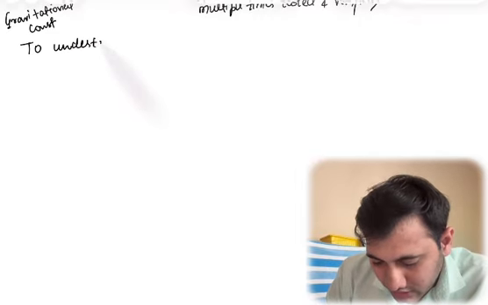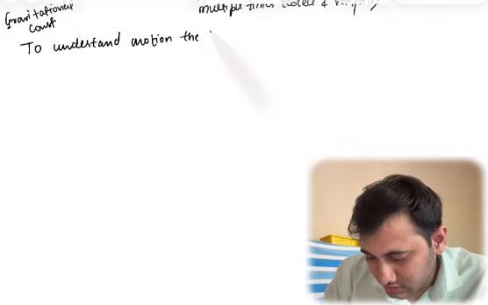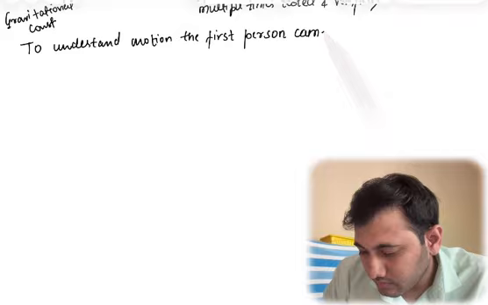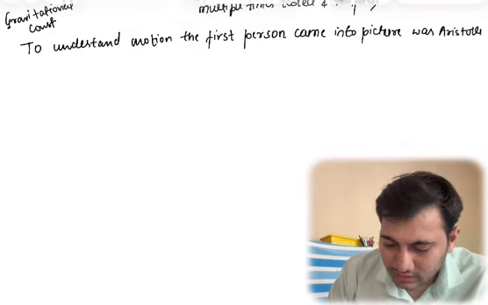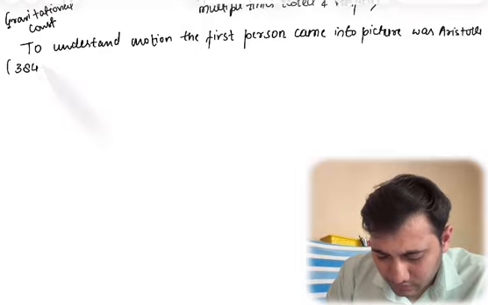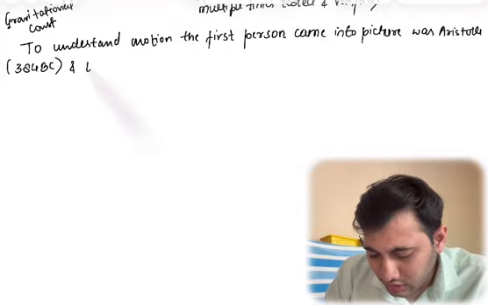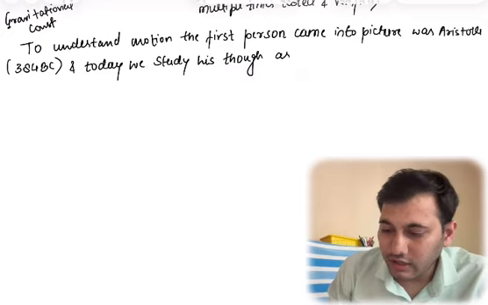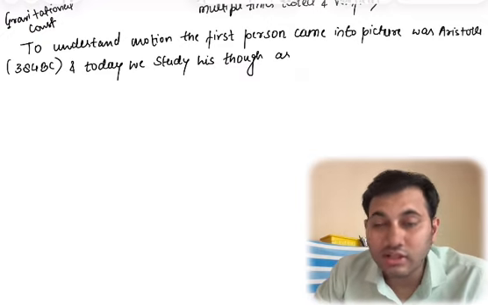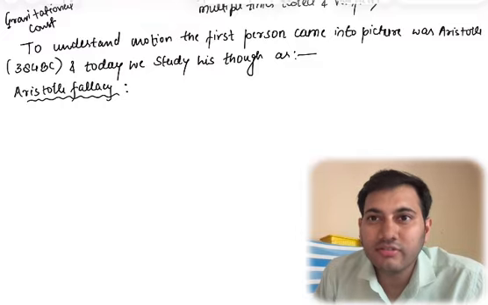To understand motion, the first person who came into the picture was Aristotle in around 384 BC, and today we study his thought as Aristotle's fallacy.